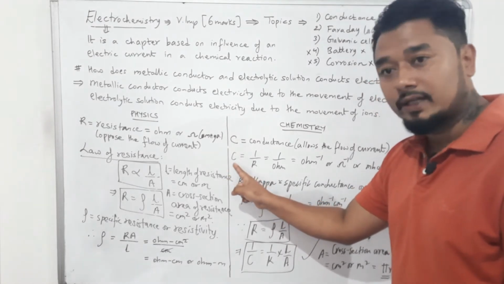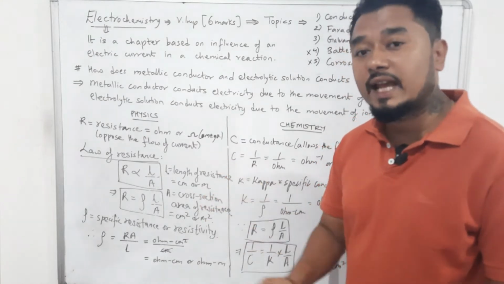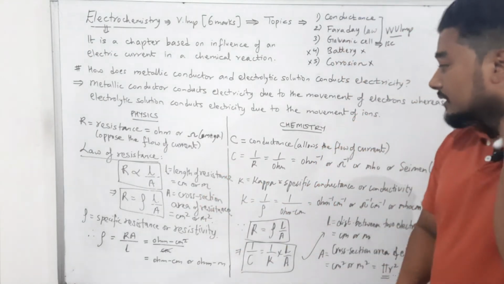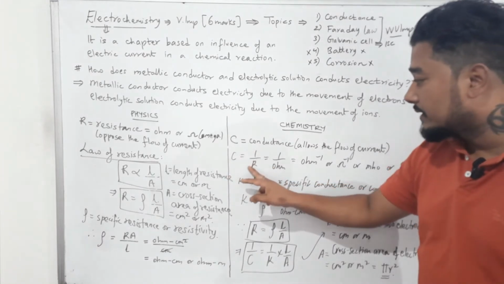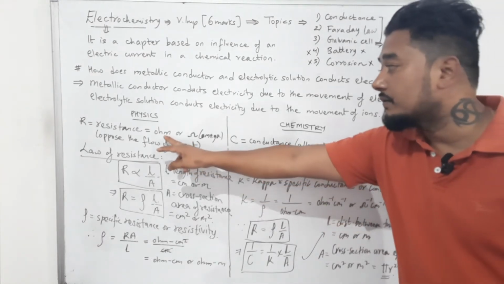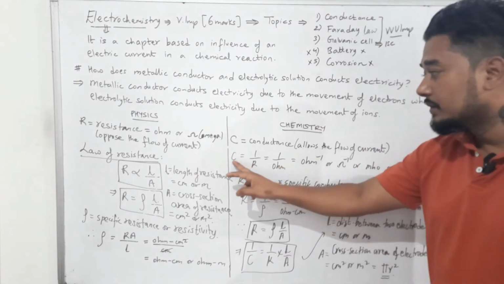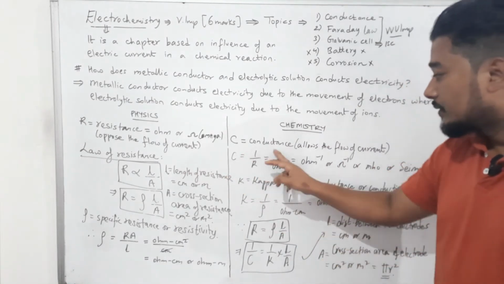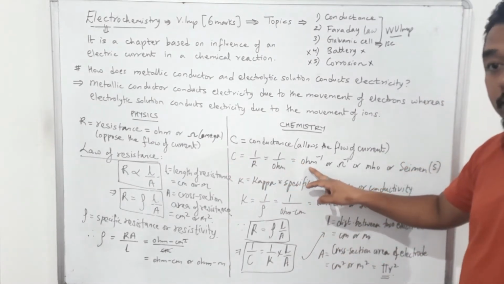Now let us see the unit of conductance. Many units will come out here, students, and you have to remember all the derived units. Now let us see the unit of conductance. Conductance is 1 upon resistance. The resistance unit, what we wrote here, is ohm. So write here ohm. So 1 upon ohm is the unit of conductance, and you know that if ohm goes up, it becomes ohm inverse.